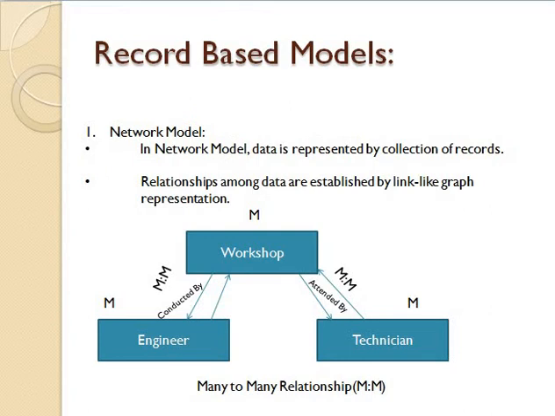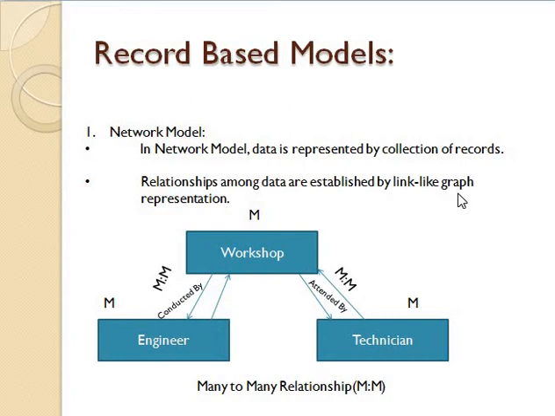Now the limitations in the hierarchical model have been overcome by the introduction of a new model known as the network model. In a network model, the data is also represented in the form of records. But now these records are organized as a collection of link-like graphs instead of trees.